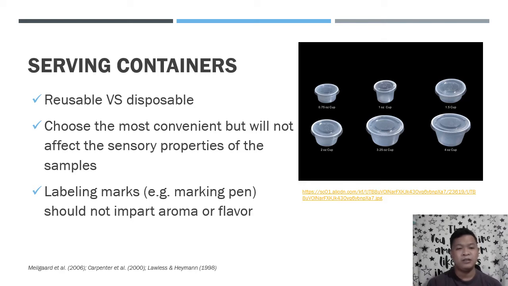But the rule of thumb here is we don't want to affect the perception of the sample. We want the sample containers to be uniform. And if there are labels, these labels should not affect the sensory properties of the sample or impede the panelist's evaluation of that sample, such as in using marking pens that have strong aromas or odors.